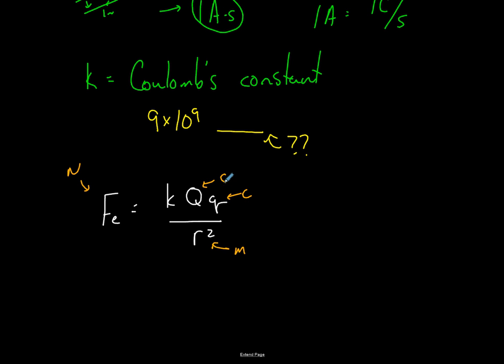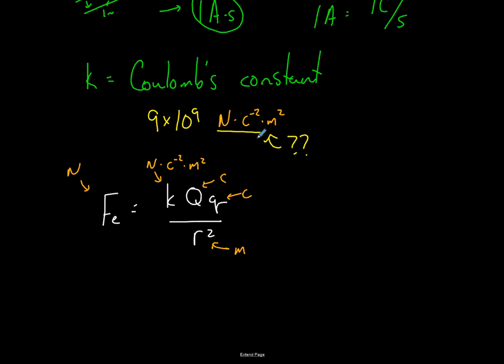Coulombs and meters, well, neither of those contain newtons. So the unit here must contain newtons. It's got to leave you in newtons, and it's got to cancel off double coulombs. So we'll put coulombs to the -2, and then it's going to be divided out by square meters, so it's got to have meters squared. So basically, you have this.